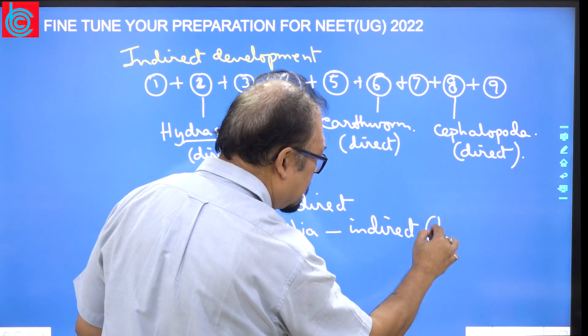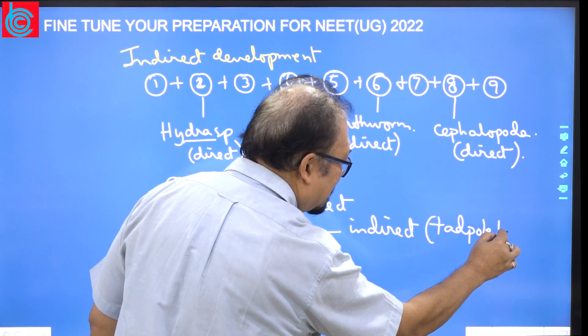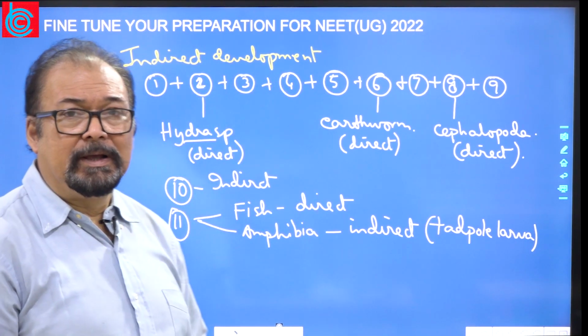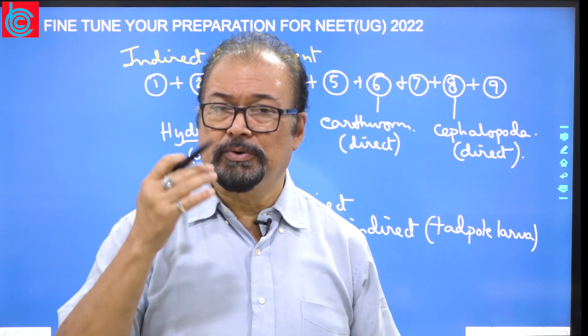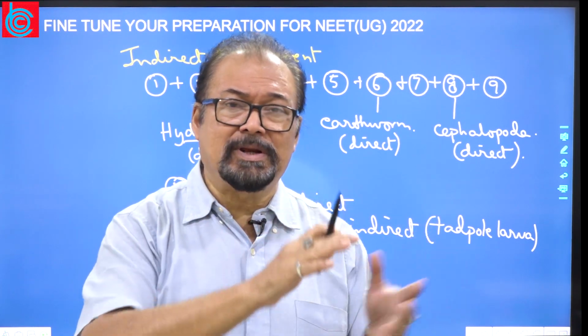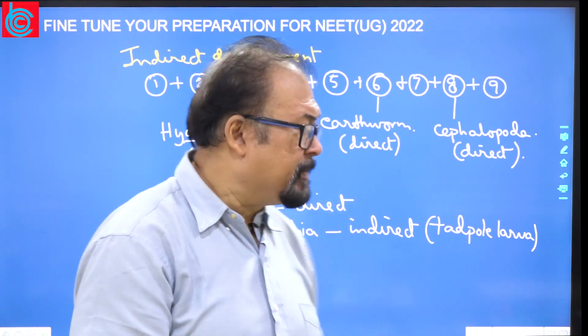Because if you remember, tadpole larva is present in frog. In the syllabus, we have the frog. So in the tadpole larva, the frog is there. In salamander, axolotl larva is there. That is the indirect development.